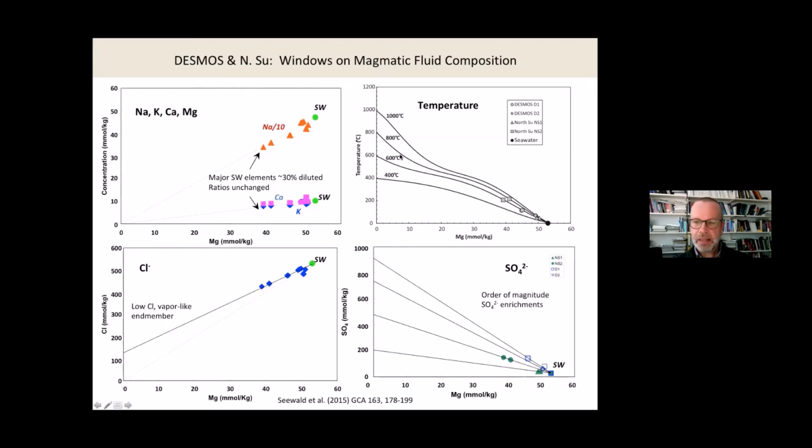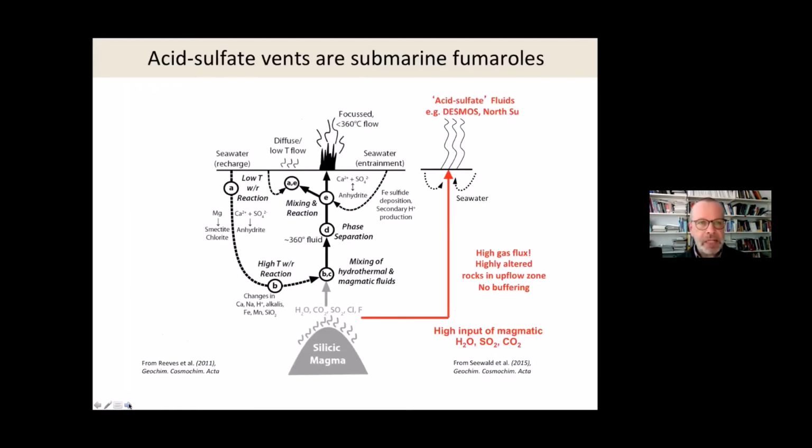And when we do that, then we can calculate the fumarole temperatures, which we've done here, conserving enthalpy, and we get these fumarole gas temperatures between 600 and 800 degrees C. Okay, so basically these acid sulfate vents are a completely different class of hydrothermal vent.